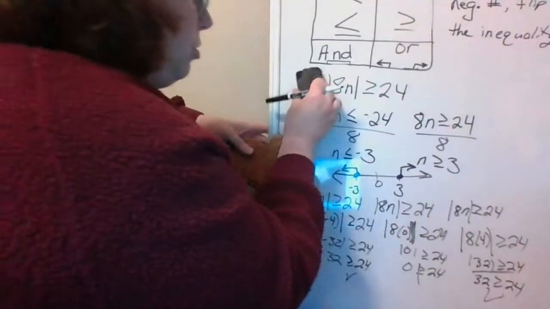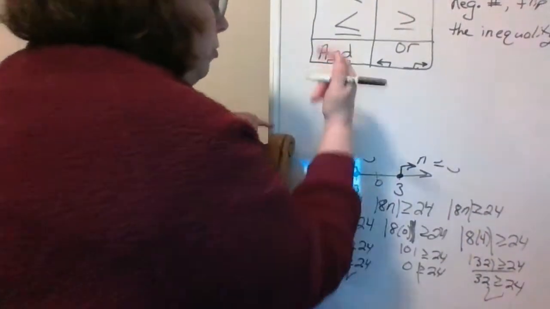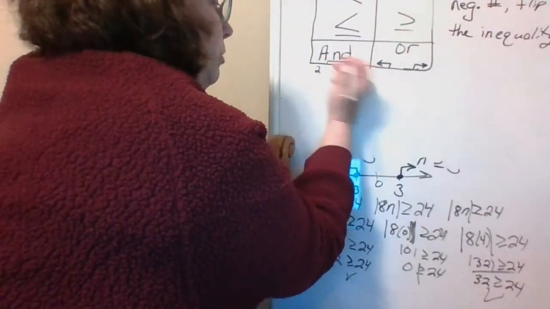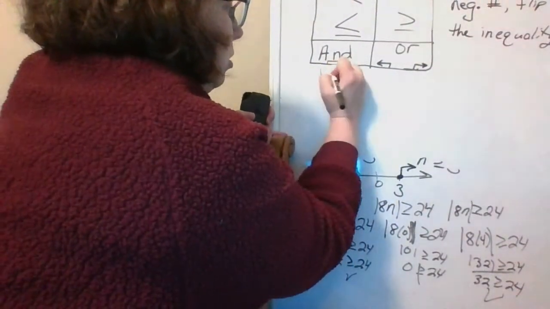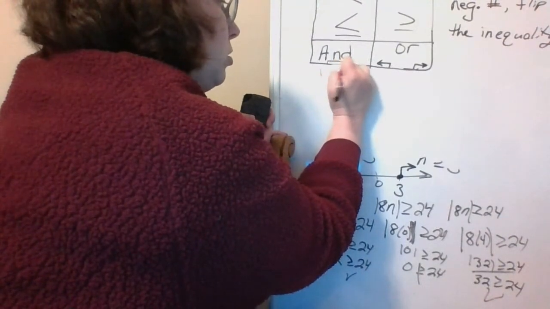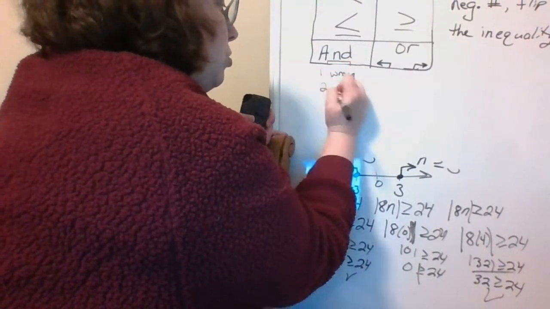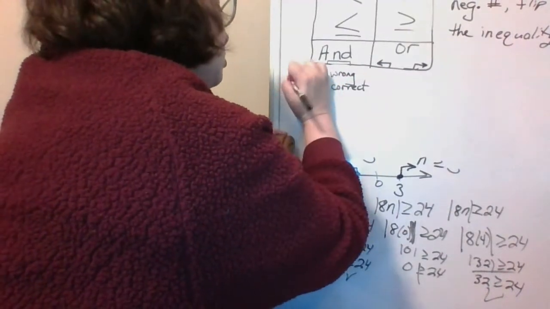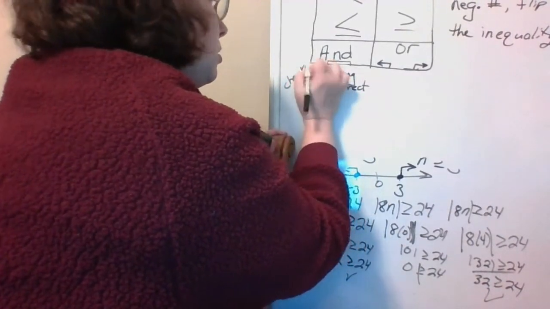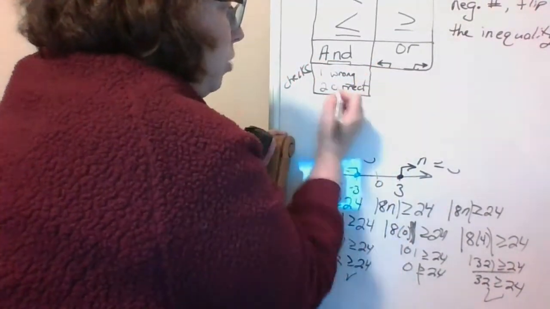Add that to our chart here. We'd have 1 wrong and 2 correct. So your checks for and, you would have 1 wrong.